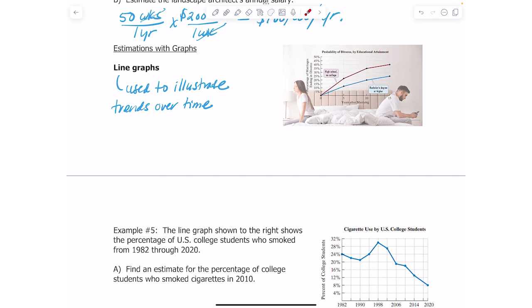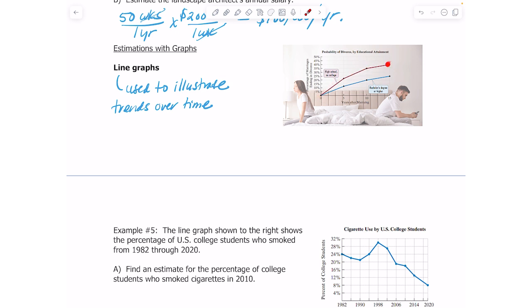So take a minute and look at this line graph. What is the picture telling you? Like, can you make any estimations from it? So the line graph indicates that the longer lasting marriages occurred for those people with more education. Because you can see here, for instance, that this graph for the high school and no college increases much sharper.